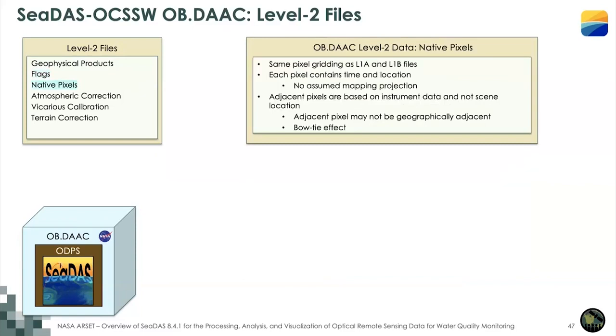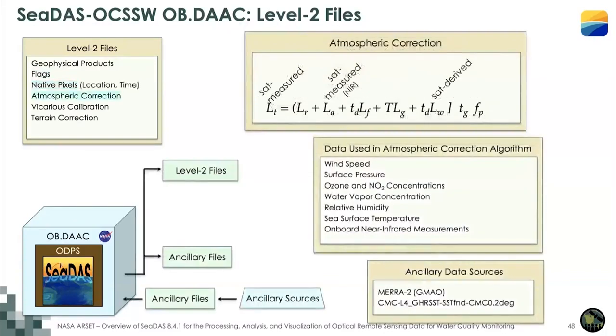A point about native pixels: they're gridded as the native pixels. They're not remapped. Atmospheric correction is applied. This was the process of getting from the measured radiance at the top of atmosphere and backing it out to get the water-leaving radiance.